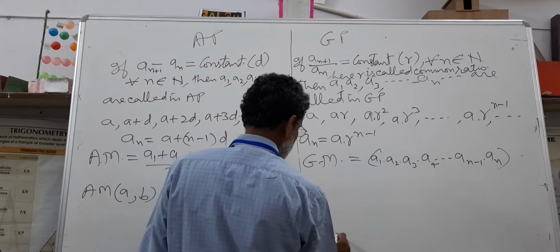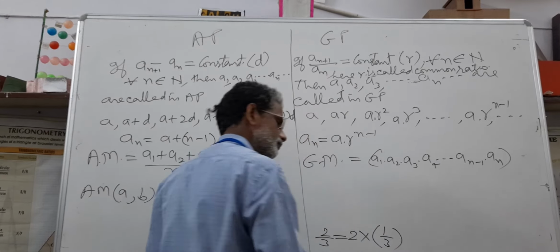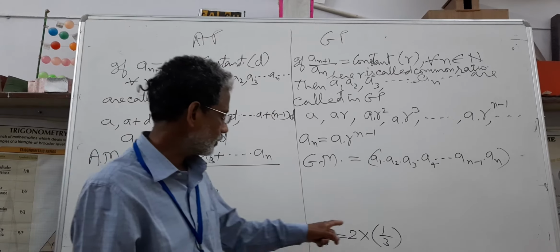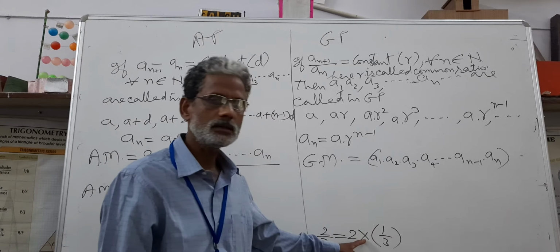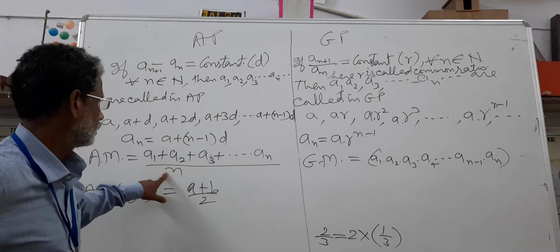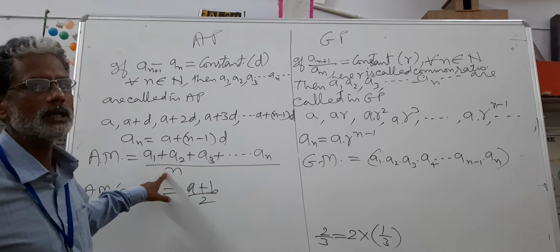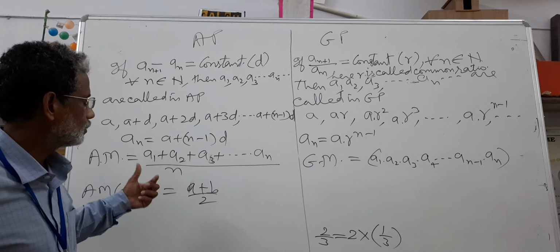Now 2 by 3 can be considered as 2 into 1 by 3, and the third form of product is power. Here you have divided by n, which can be considered as multiplication by 1 by n. So product goes to power.